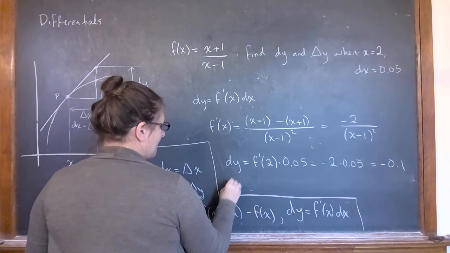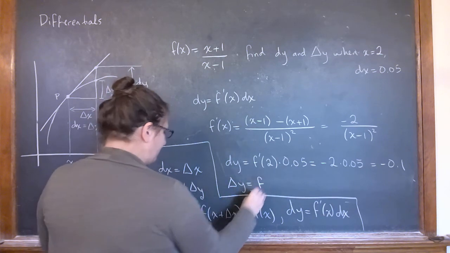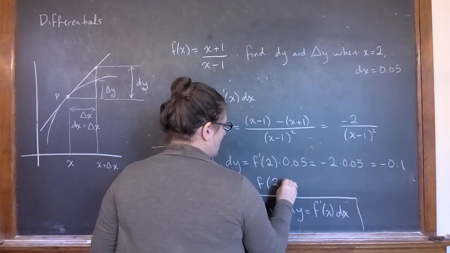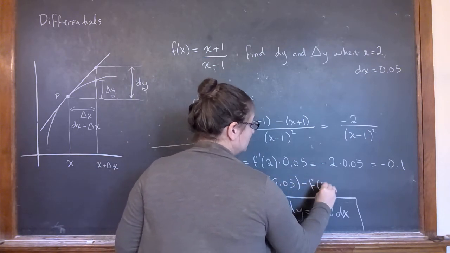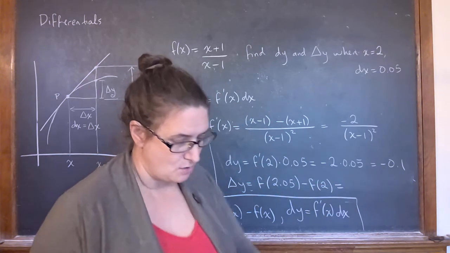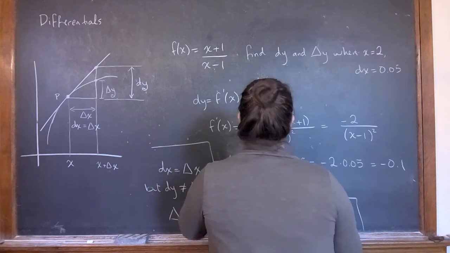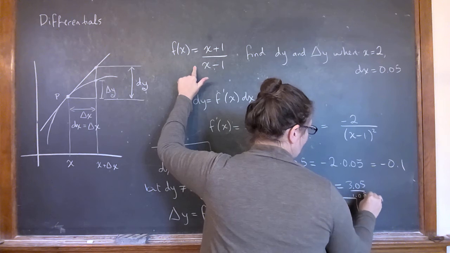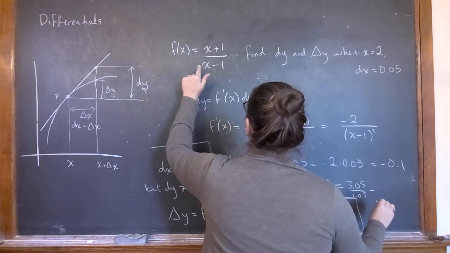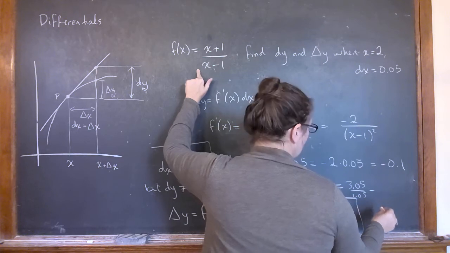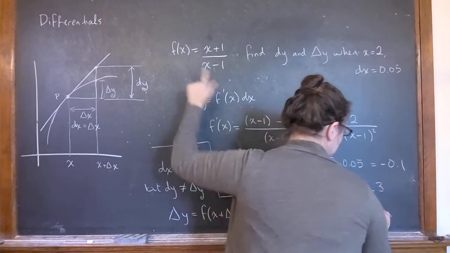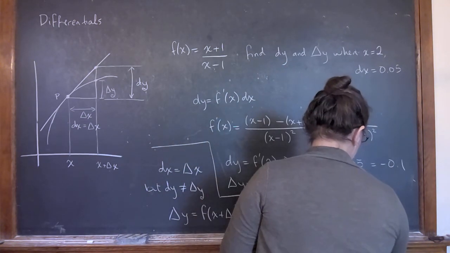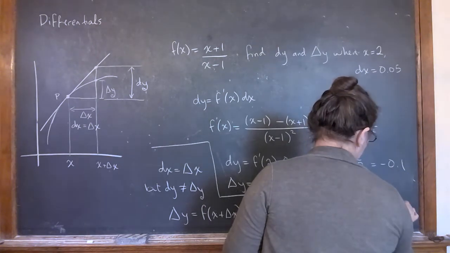Delta y is f at x plus delta x, so that would be f of 2.05 minus f of 2. If I work that out, putting 2.05 in, I've got 3.05 over 1.05, minus 2 in here gives 3. This ends up being not quite 0.1, but pretty close: 0.0952.